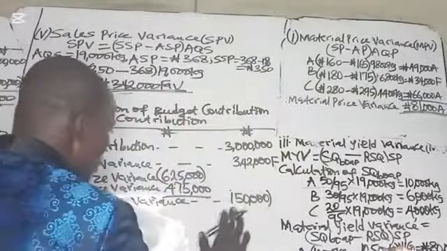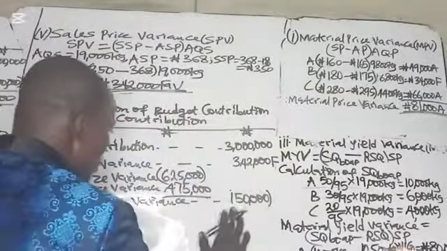Then we have material price variance, and we have 81,000 adverse. Then, remember I've told you the sum of material mix variance and material yield variance will give us the material usage variance.